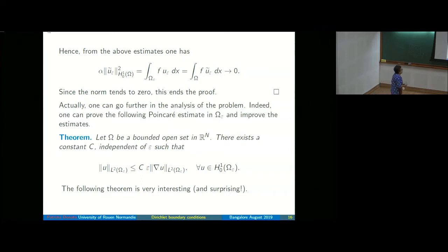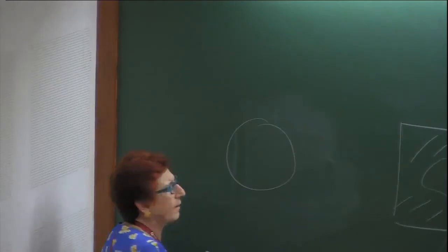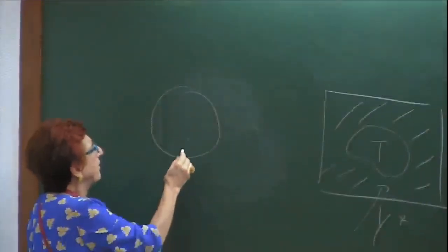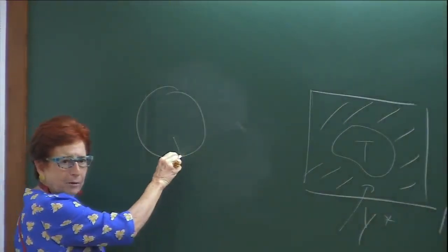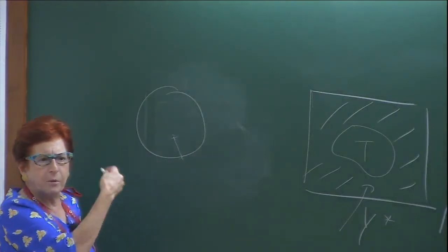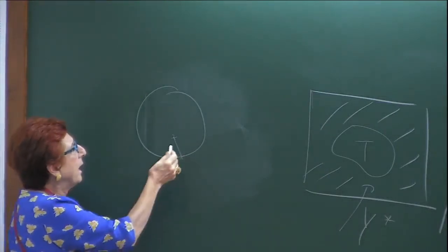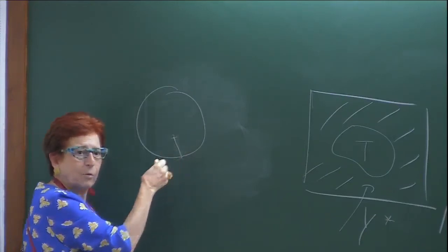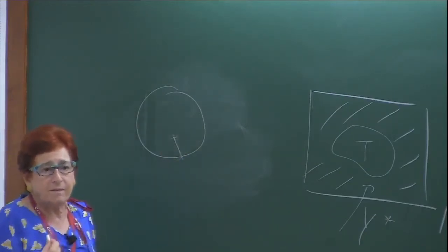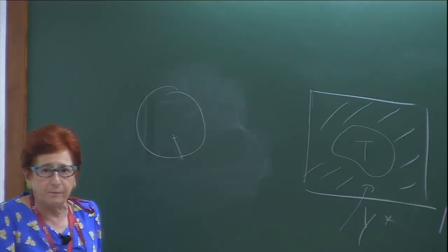Why that? Because, okay, I don't want to enter into details, but when you prove the Poincaré inequality in a ball, for instance, what do you do? You are somewhere, you try to reach the boundary, and you make the difference between the function here, and then you use the fundamental theorem of calculus and so on, and use the fact that here it is 0, and you consider this distance. So what is important is the distance of any point to some point of the boundary where you have 0.